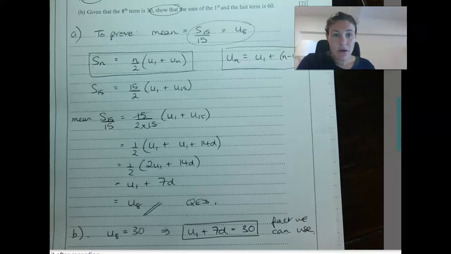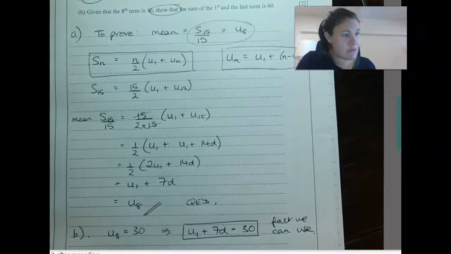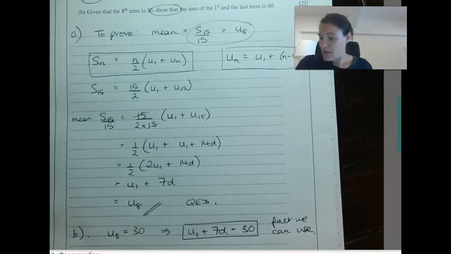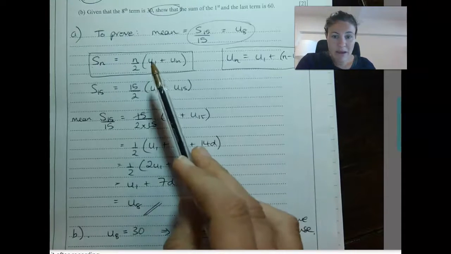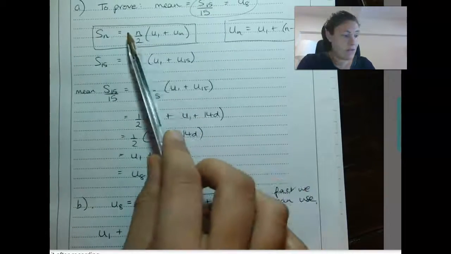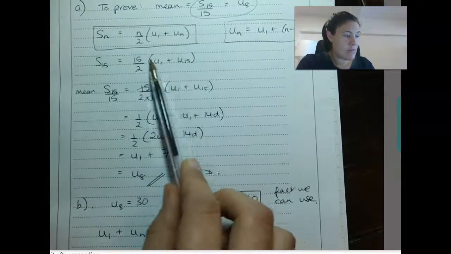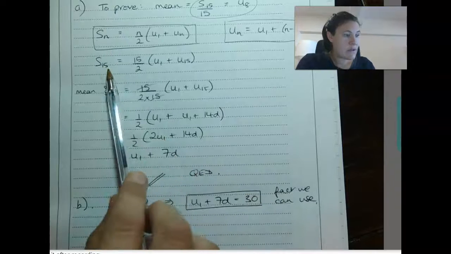All right, so we want to show that the sum of the first and the last term is 60. Okay, so u1 plus un, where do I start with that? Well, I'm going to look back up here and use what I've got up here again.